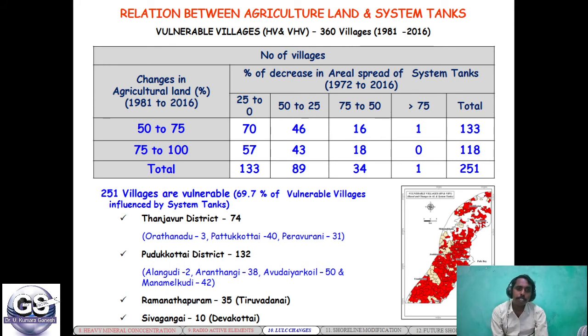Near 360 villages were taken into this correlation analysis with the tank modification. And notice that out of 360 villages, nearly 251 villages are vulnerable mainly due to this modification of system tanks.